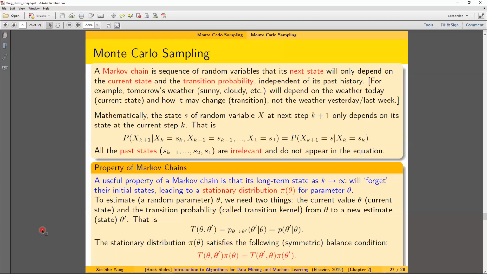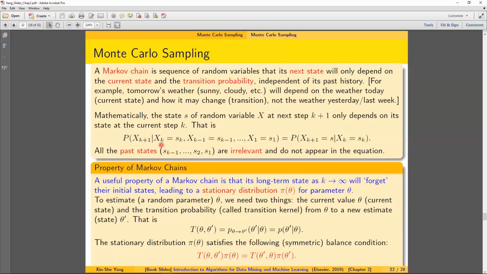So mathematically speaking, what's going to happen for the next step k plus 1 for the random variable X? Let's use X subscript k plus 1 to stand for the next state of the random variable.